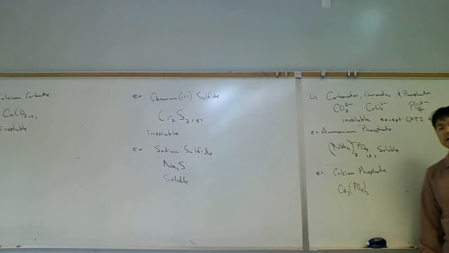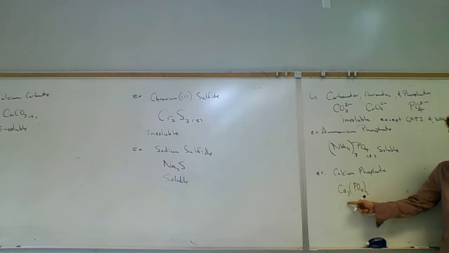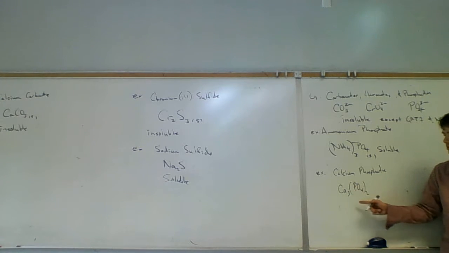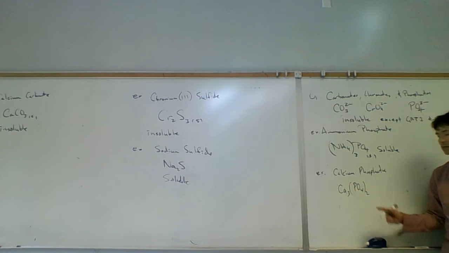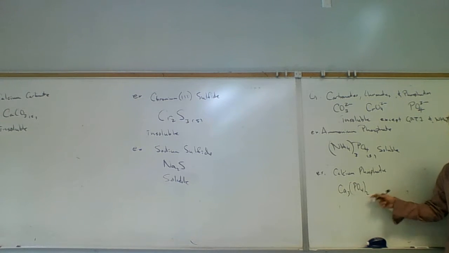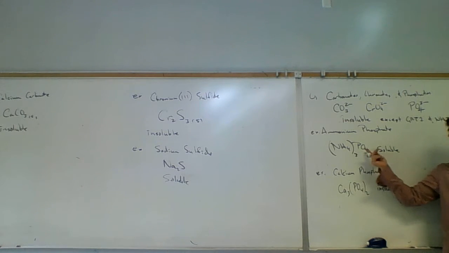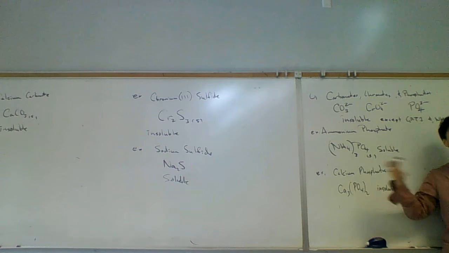That's correct. Each calcium is 2 plus, we got 3 of those, so the total positive charge is 6. Each phosphate is minus 3, 2 of those, so the total negative charge is minus 6. Plus 6 minus 6 balances out. Calcium phosphate is soluble or insoluble? Insoluble. And so when we have an ammonium paired up with phosphate, it forms a soluble salt.